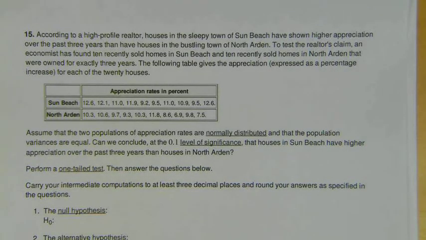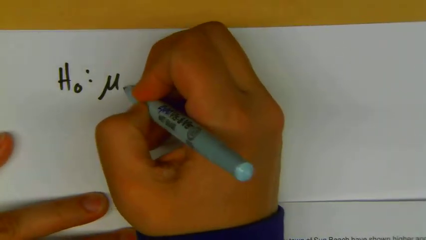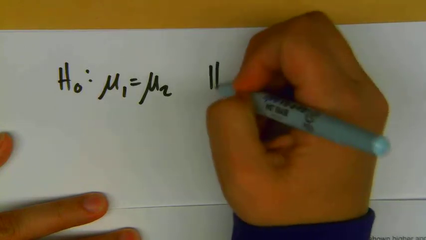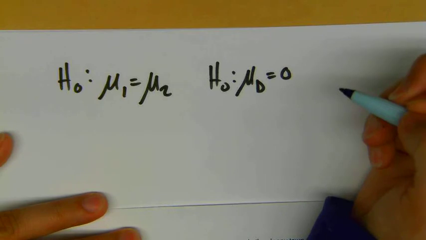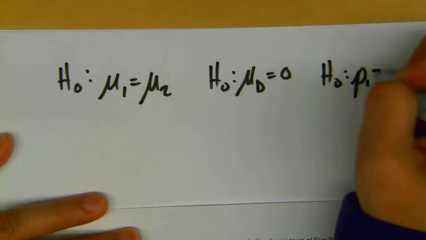So on this exam, you're going to have a hypothesis, and you're looking at two means for the independent groups, or the difference in the means for your dependent groups, or you have two proportions.